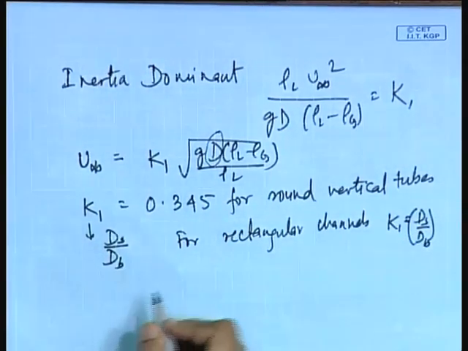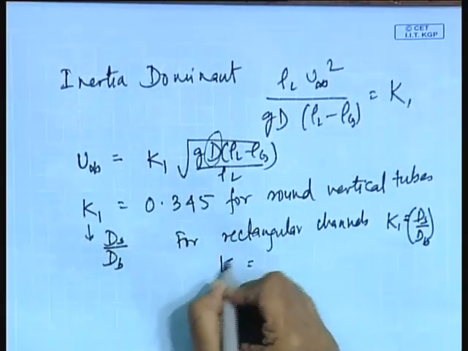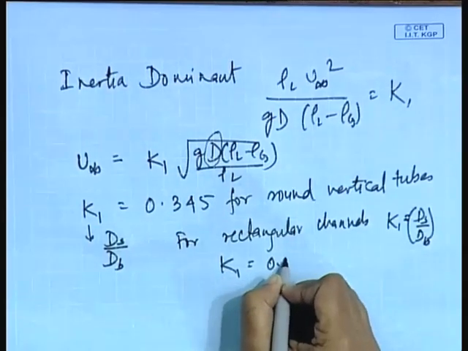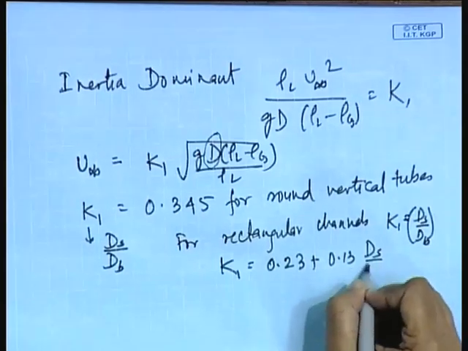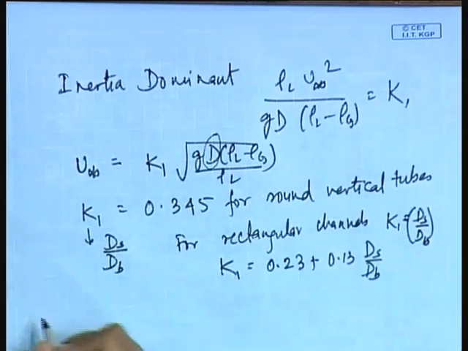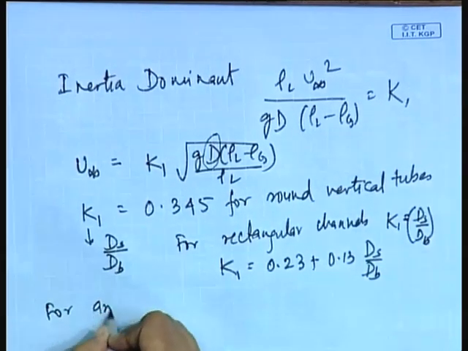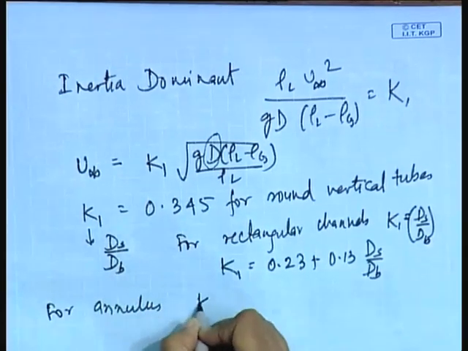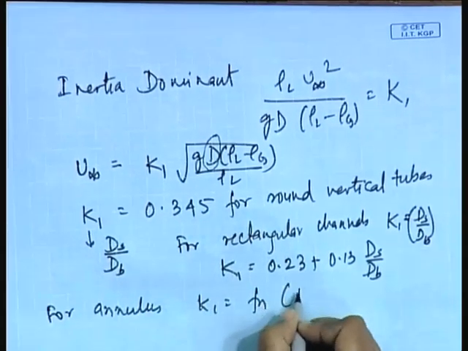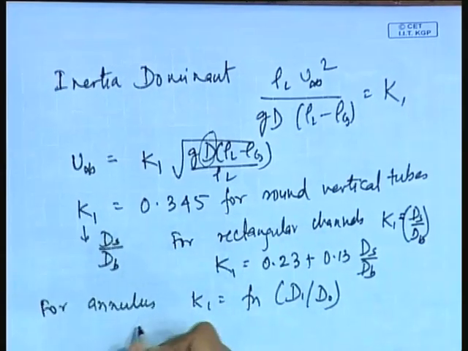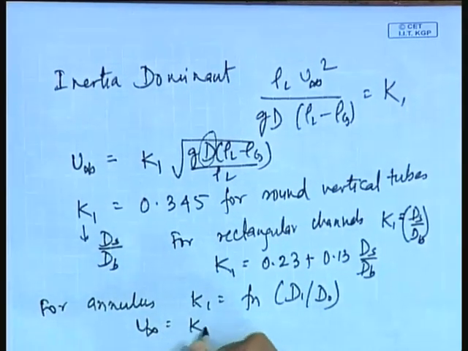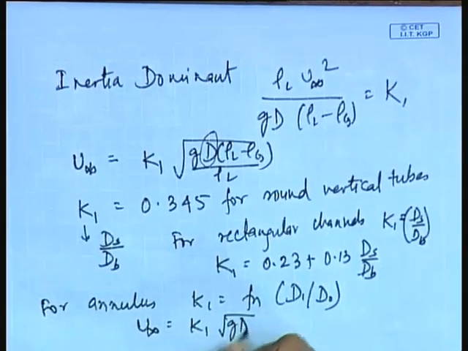Under that condition it can be written down as 0.23 plus 0.13 ds by dB. Again, for the annulus, what have people found? For the annulus, K1 is a function of the inside diameter by the outside diameter, and u infinity is given as K1 root g d0.